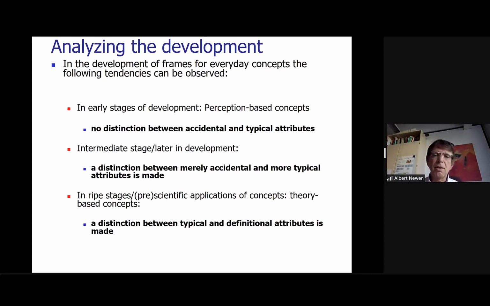Then you develop a distinction between merely accidental and more typical attributes in an intermediate stage, and in a ripe stage, you understand the theory-based concept. In this case, there is a distinction between typical and more definitional attributes of the relevant concept.